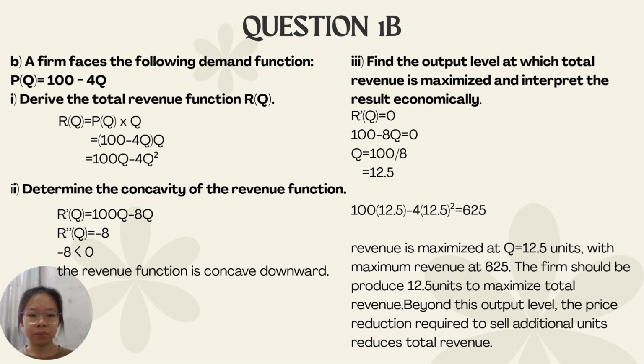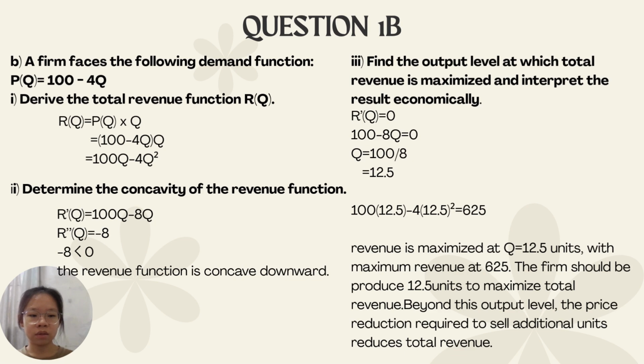To find the output level at which total revenue is maximum, we set the first derivative equal to 0. 100 minus 8Q equals 0, so Q equals 12.5. Now we substitute Q equals 12.5 into the total revenue function, which gives 625.